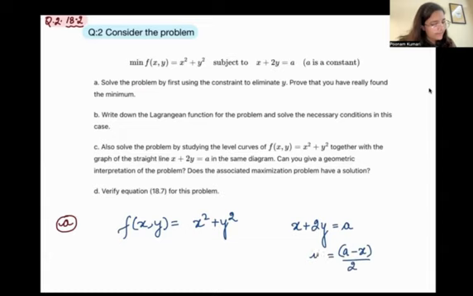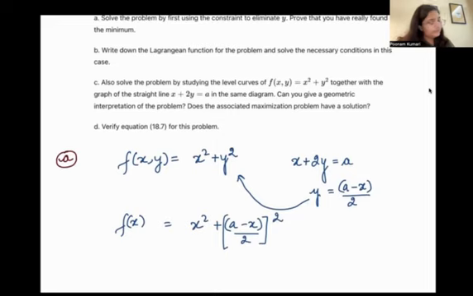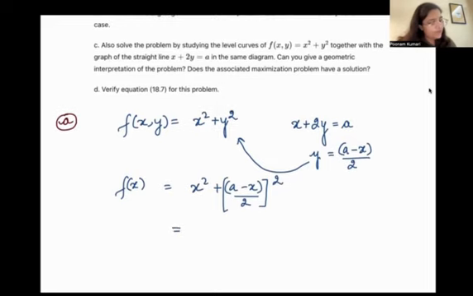I will just replace this here. So what do I get? Whole squared.